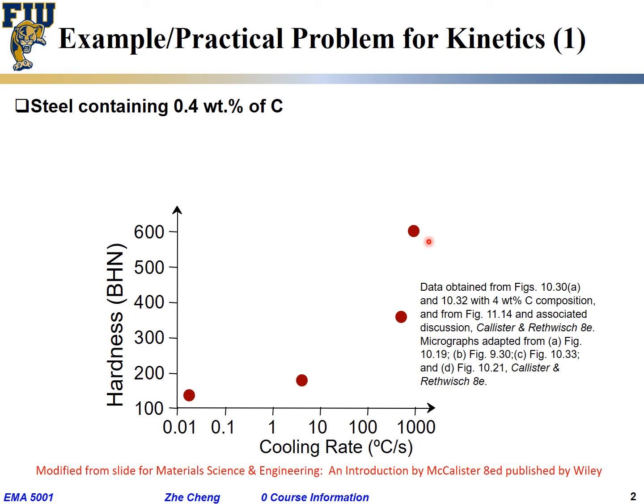For knives to cut, you need the hardness to be high, otherwise it quickly becomes blunt. Make sense? Or for chisel, you need those things to be hard. And of course, you get something in between if the cooling rate is in between.